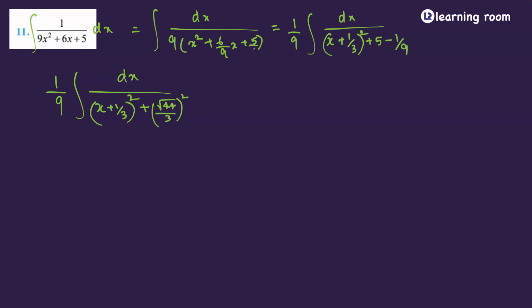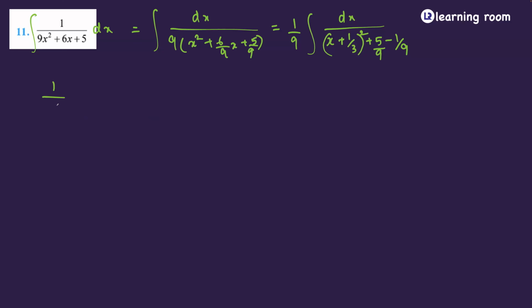Actually I have 5 by 9 here, so it should be 4 by 9 then. Okay, I have to explain it. So it is 5 by 9 here. So you'll have 5 by 9 minus 1 by 9, which is going to be 4 by 9 itself.